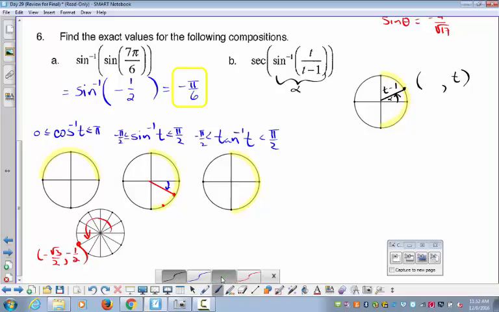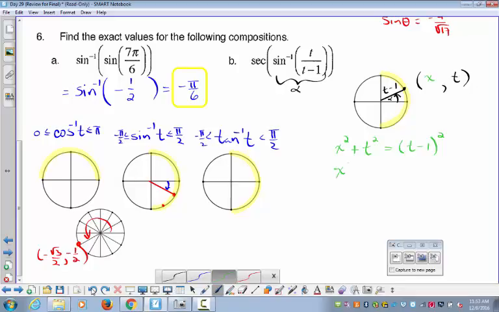And then we have our unknown. We have this x. We don't know what that is in terms of t. But we have a Pythagorean identity we can use. We know that x squared plus t squared has to be t minus 1 squared. That enables us to solve for x.